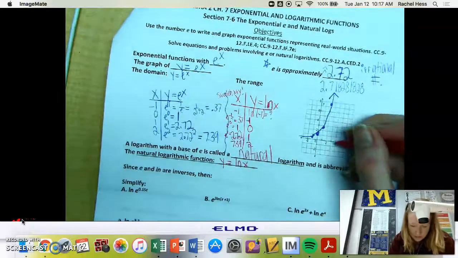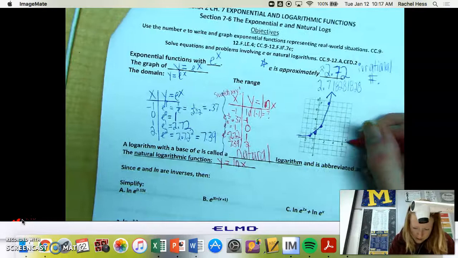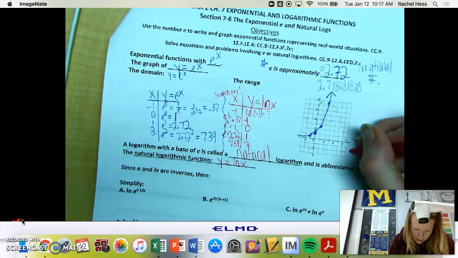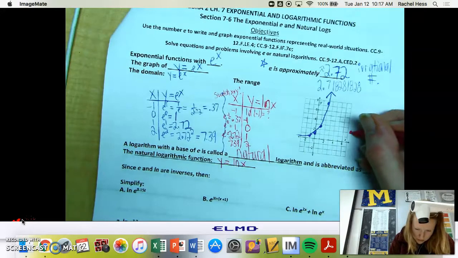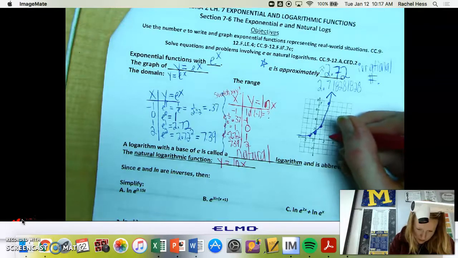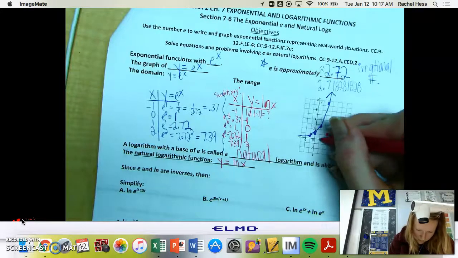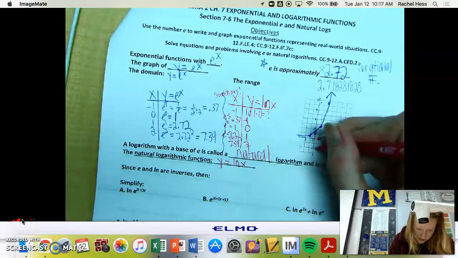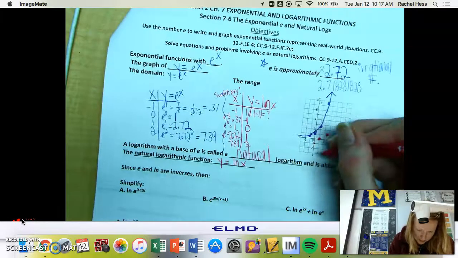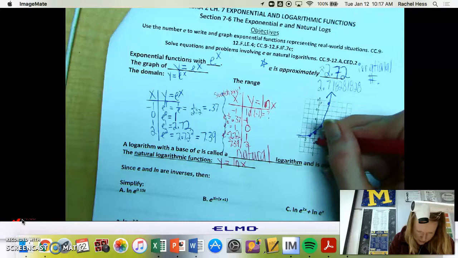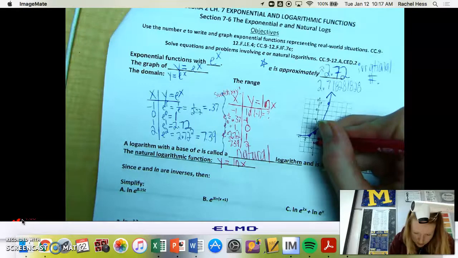So really, if we have 7.39 comma 2, let's just put that here. And then I have 2.72 comma 1, 1 comma 0, and then, what was it? 0.37, -1.